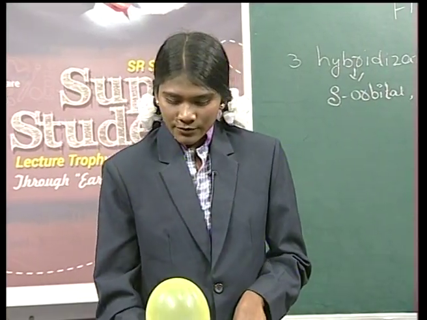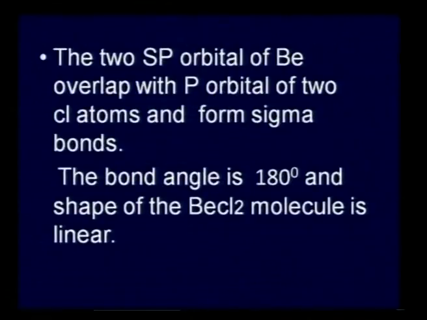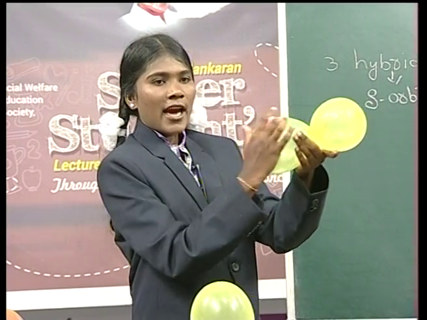And friends, the 2 sp hybrid orbitals of beryllium overlap with p orbitals of 2 chlorine atoms and form 2 sigma bonds. The bond angle is 180 degrees and the shape is linear. Observe these balloons, these are hybrid orbitals.